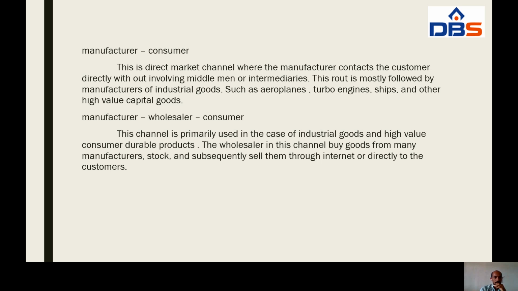And the next type of channel, manufacturer, wholesaler, consumer. The channel is primarily used in the case of industrial goods and heavy and high-value consumer durable products. The wholesaler in the channel buys goods from many manufacturers, stocks them, and subsequently sells them through the internet or directly to the customers.